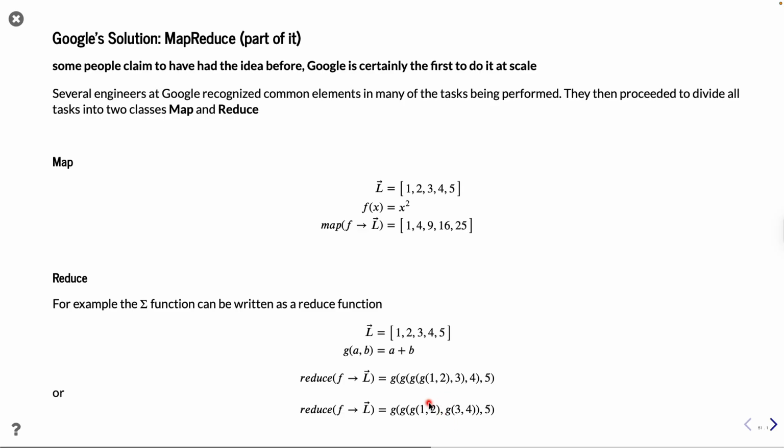So you have two of these g functions together, and then the last one comes in alone, as it is an odd number of items. Right now, it looks like we have the same number of calls, but it could be more efficient to do one or the other way. So that is a little bit of the reduce strategy on the vector.